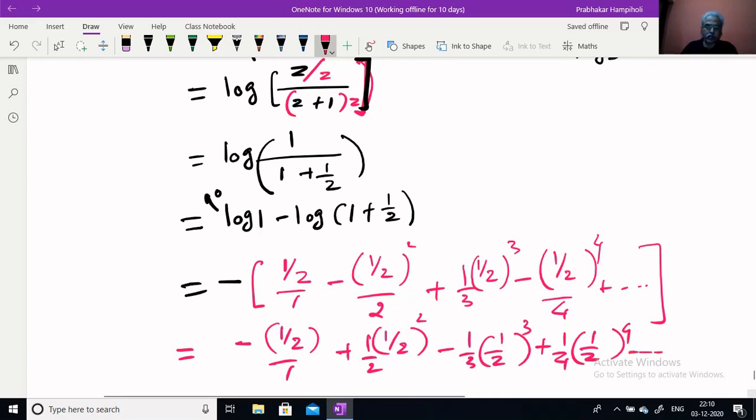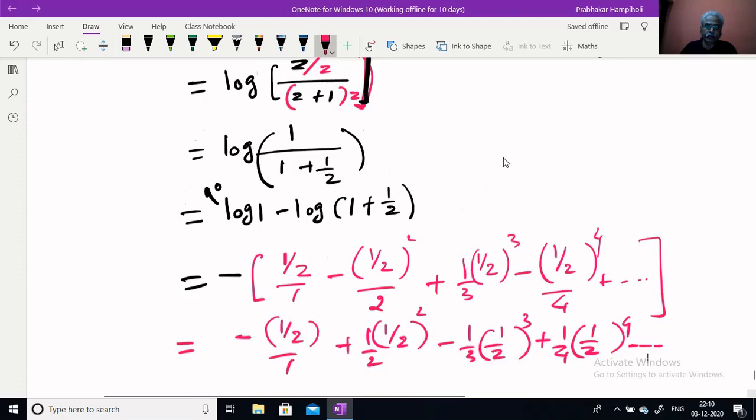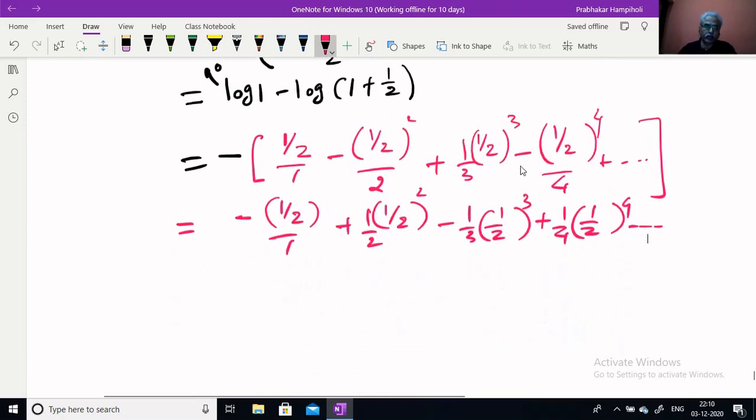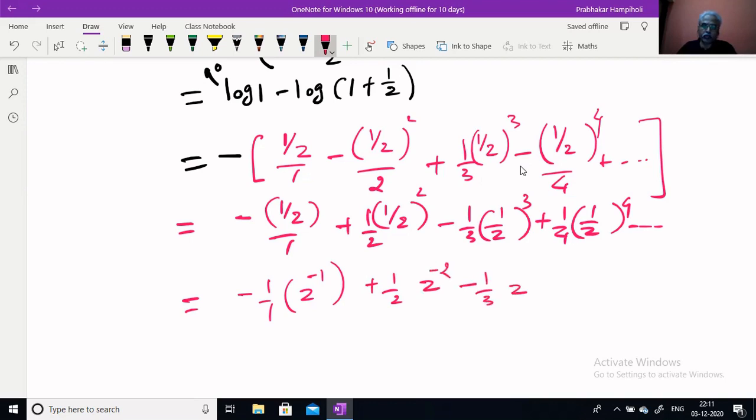Can you write the same thing as minus 1 by 1 z raised to minus 1 plus 1 by 2 z raised to minus 2 minus 1 by 3 z raised to minus 3 plus 1 by 4 z raised to minus 4.